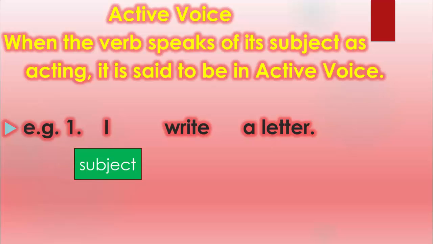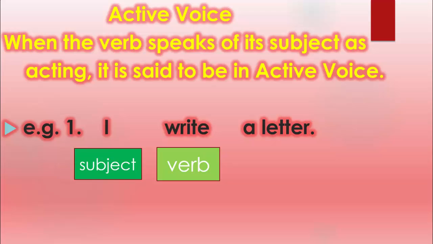Subject is a person or thing that we are talking about, who is doing the action. So, I is the subject. Write is the verb. Verb is a word that indicates an action.